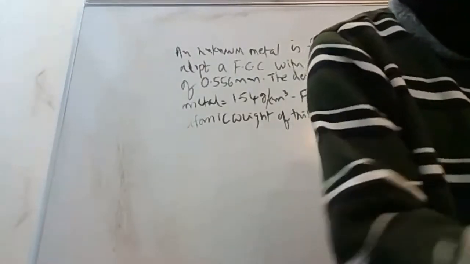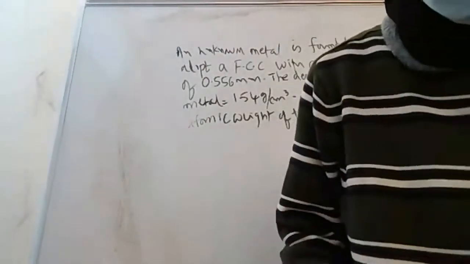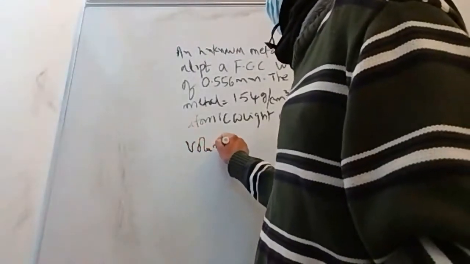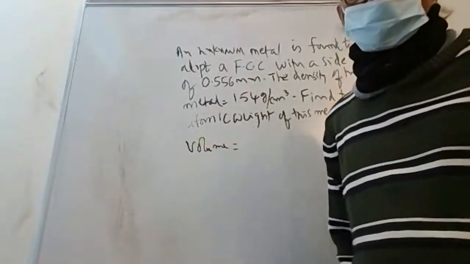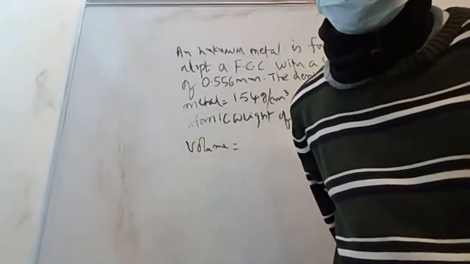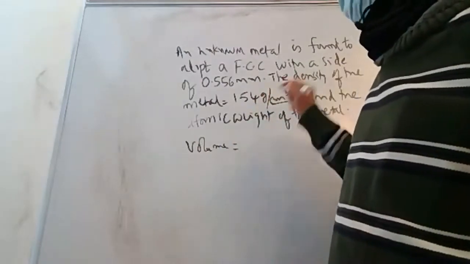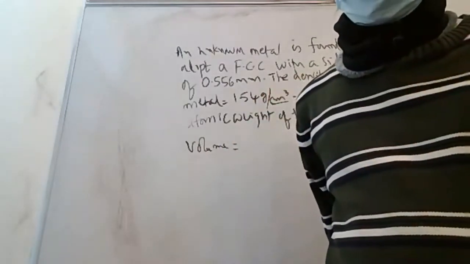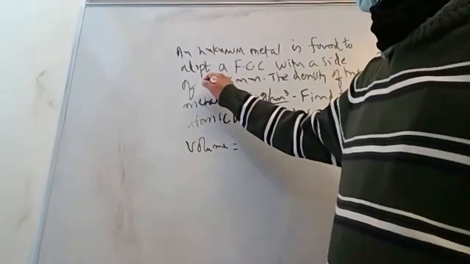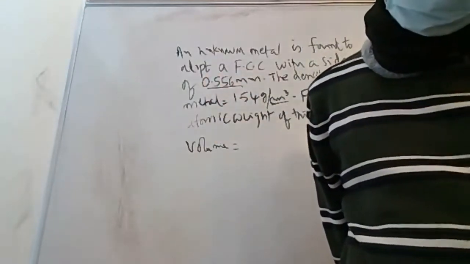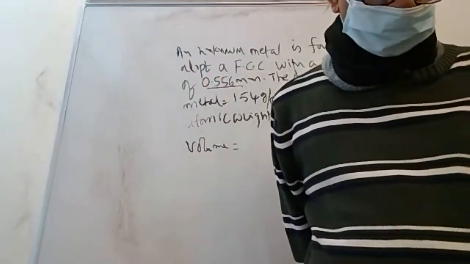So the thing that we need to do now is the volume. You've got to pay attention to the units here, folks. Our density is in cubic centimeters and our measure for the side of the cube is in nanometers. Am I making sense?